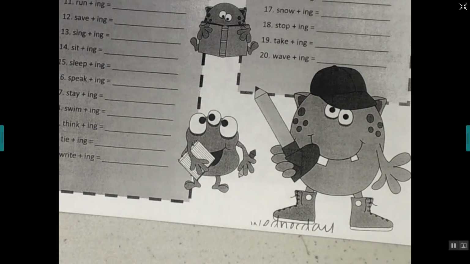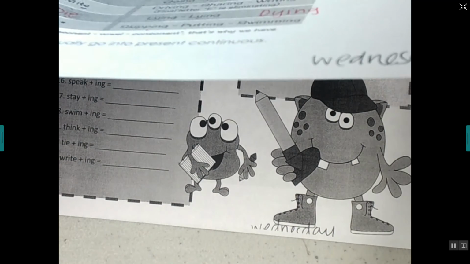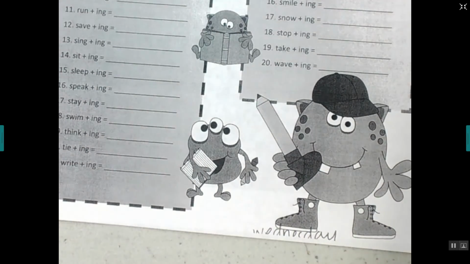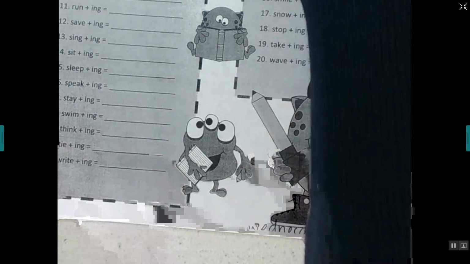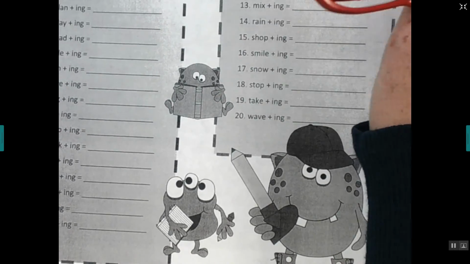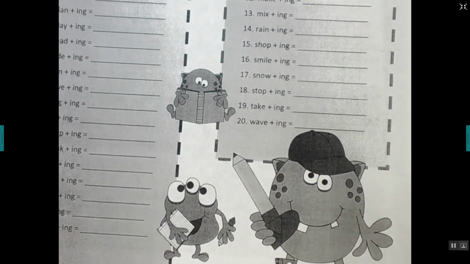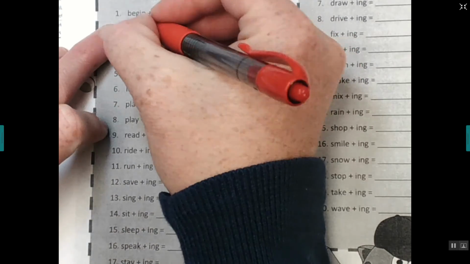So like for example, let's see. This activity, the monster spelling test thing that's in your packet today, it's good. It's practicing the spelling. So, like for example, let's look here. Begin, right? Begin. B-E-G-I-N.